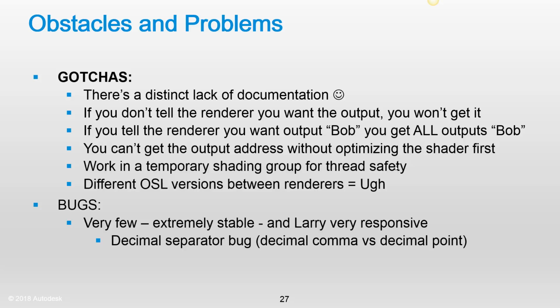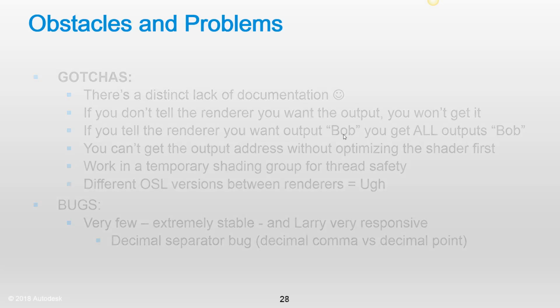If you have your Windows set to comma as a decimal separator, parsing in OSL actually broke down because it was using the system's string to number function, and then a constant like 0.123 in the OSL source code wasn't parsed correctly because somebody was looking for 0,123, which obviously didn't exist.